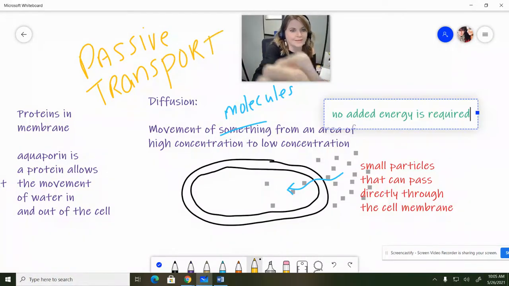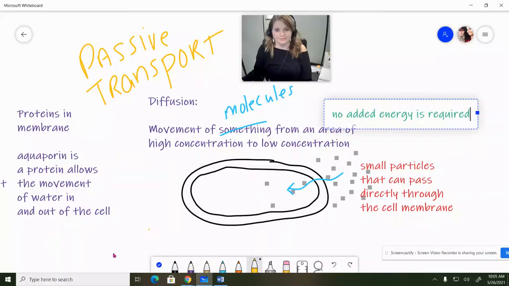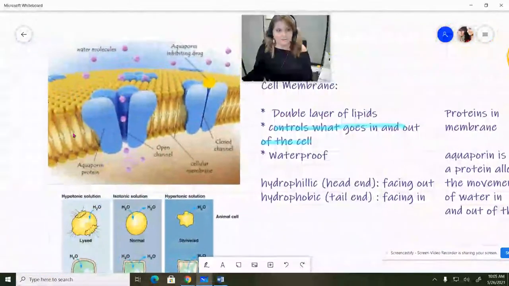Okay. So that's one type of passive transport. So another type of passive transport is going to use those proteins we talked about earlier, the little doorways. So here we looked at these aquaporins, right? And they're like little doorways.